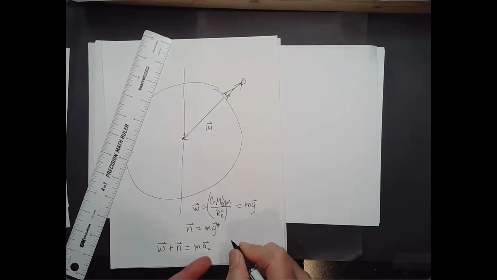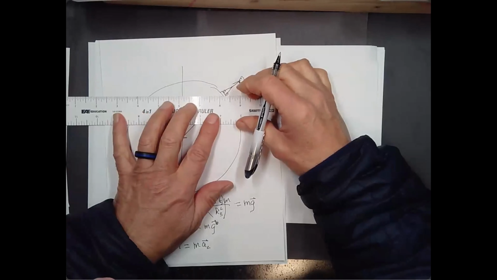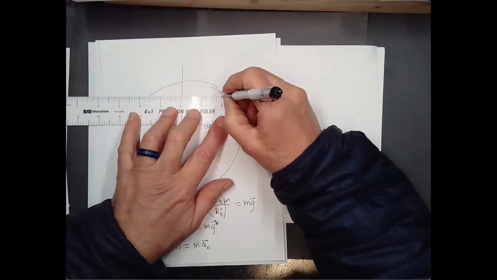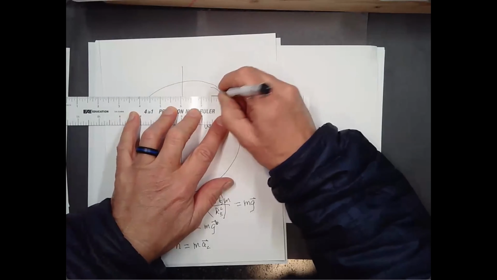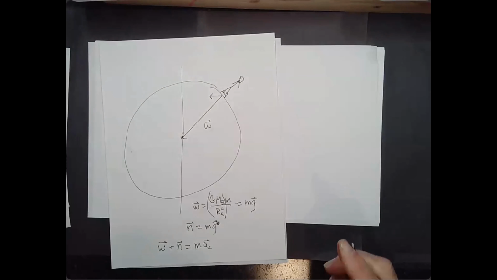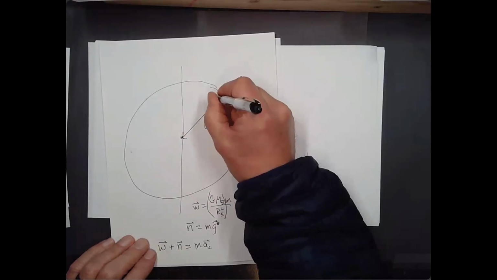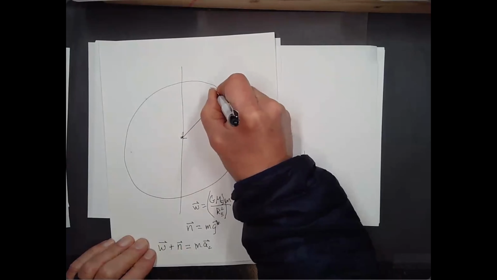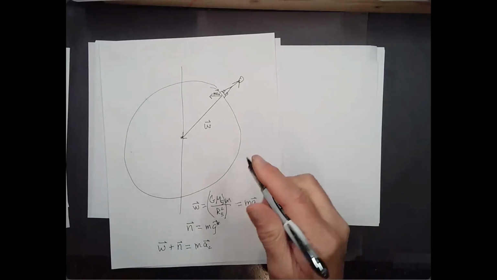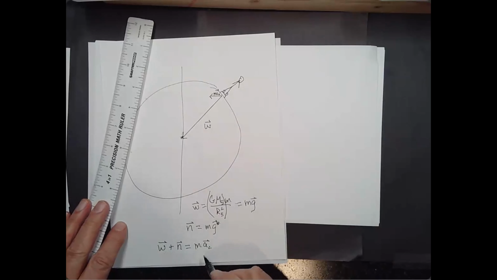Well, the centripetal acceleration points from where the person is into the rotational axis of the Earth. So here is the m a sub c. It's going in that same direction. Well, I have to have W plus N is equal to that.